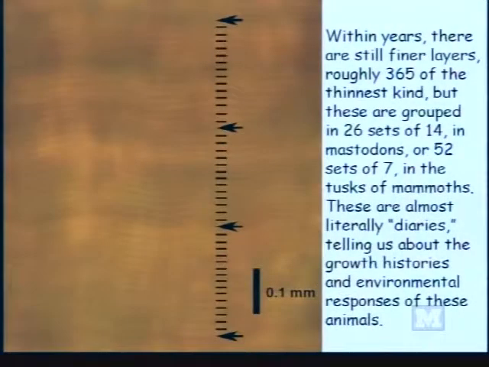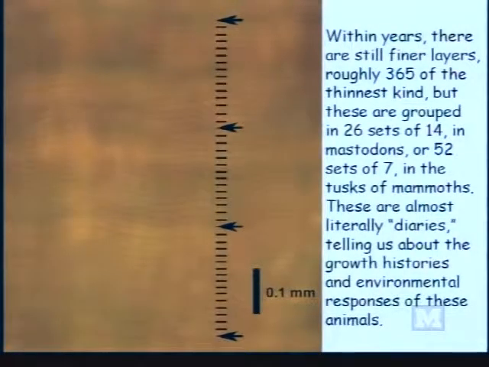This is a thin section, an optical microscopic view of the cross-sectional material of Mastodon ivory. But these are the daily lines. These fine lines that you see here are the individual days. And then the darker bands through here, in a mastodon, are 2-week intervals, rather than week.